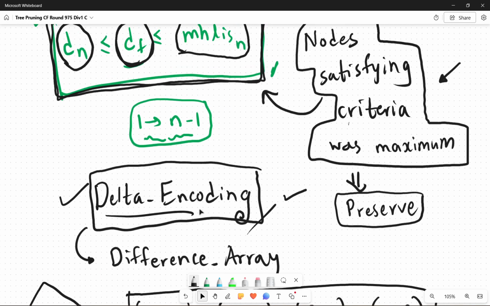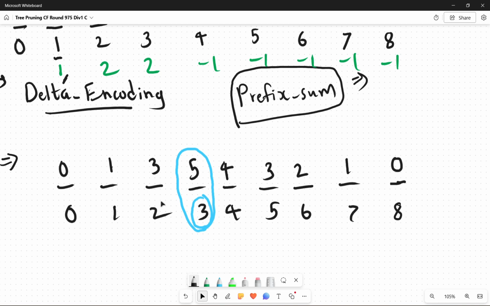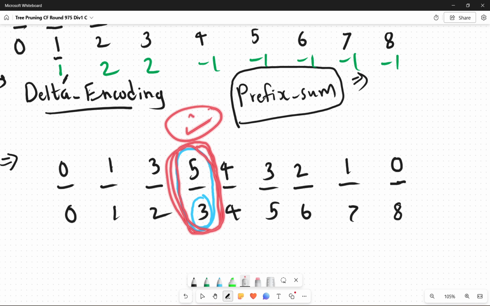Okay, so I will make the delta encoding vector, take the prefix sum, and just like this I will find the maximum number of nodes that were surviving for any of the depth, and basically then I have found my answer.